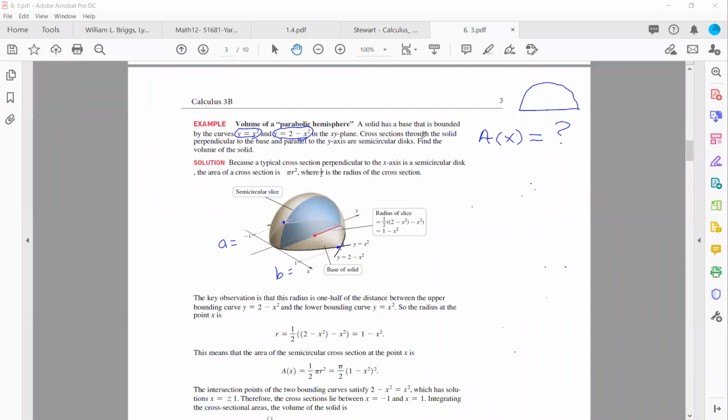So in general, area of a circle is pi r squared. So the area of a semicircle is a half pi r squared. But what is r? So take a look at r. R is not fixed.